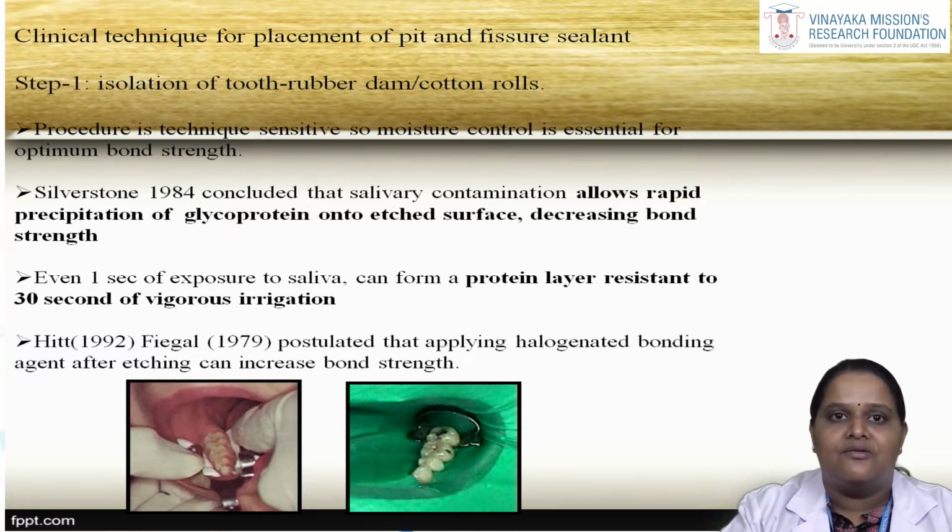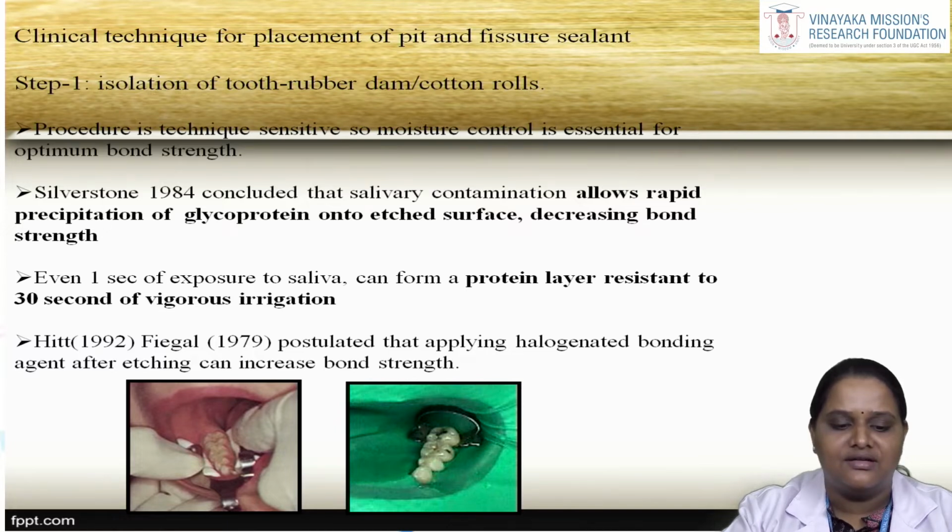It needs a perfect isolation so that the retention of the sealants will not be hampered. Isolation can be done with the help of a rubber dam or cotton rolls. This procedure is very technique sensitive, so moisture control is essential to get an optimum bond strength.